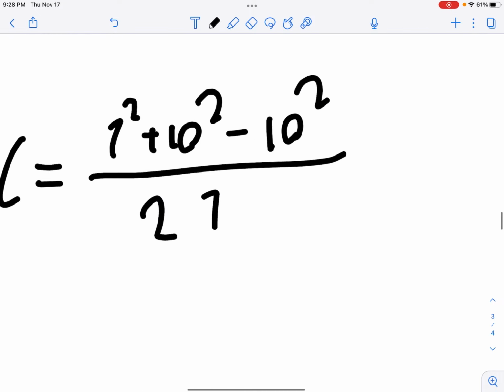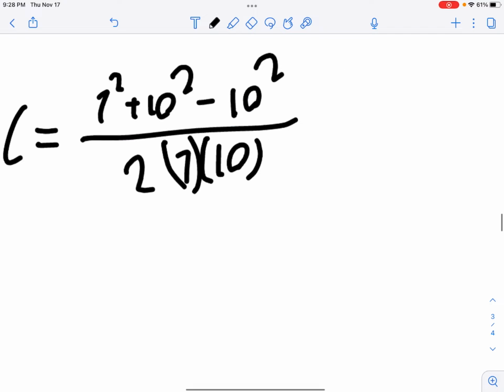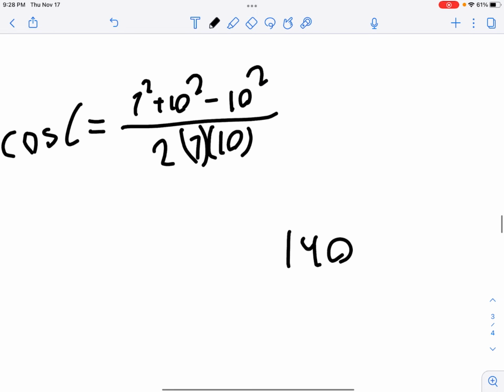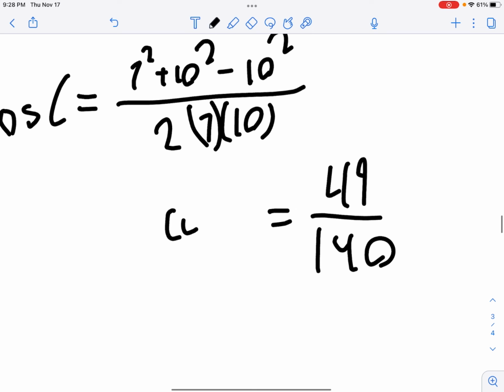And we're just going to do that. It's going to be 140 over 49, I think, equals cos C.